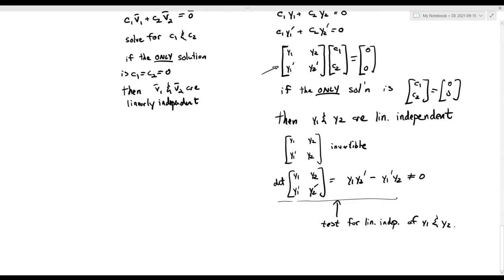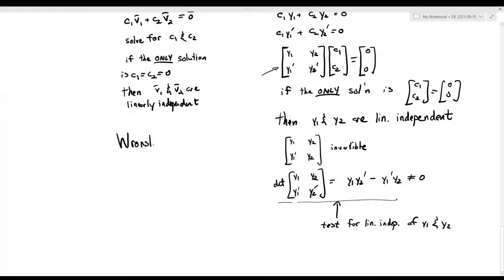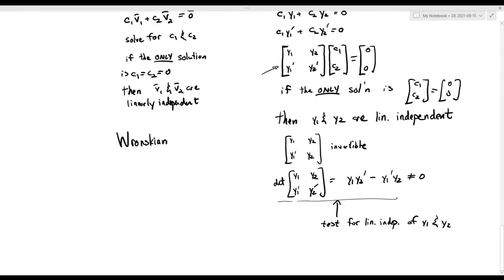This has a name after a mathematician. It's called the Wronskian, right? So let's define the Wronskian, and just remember it's a test for independence. I guess the mathematician was named Wronski or something.